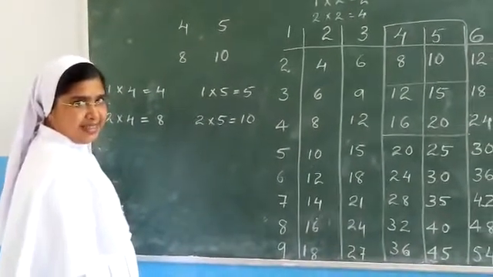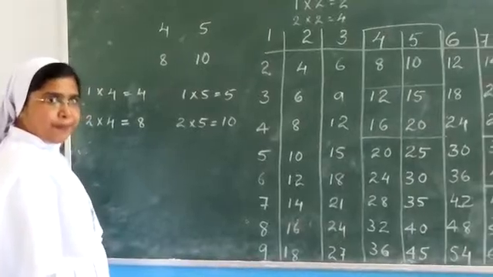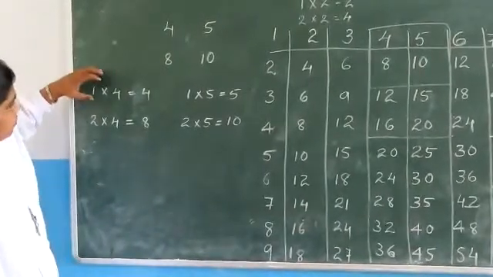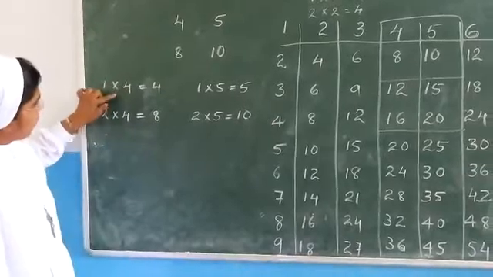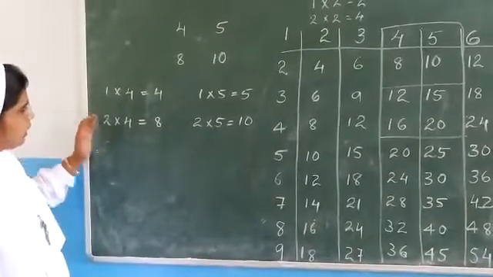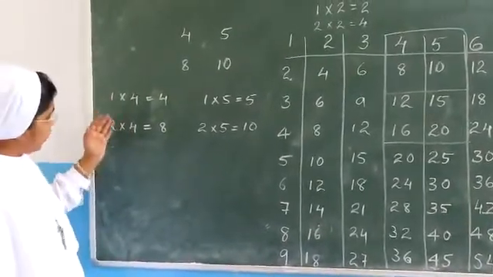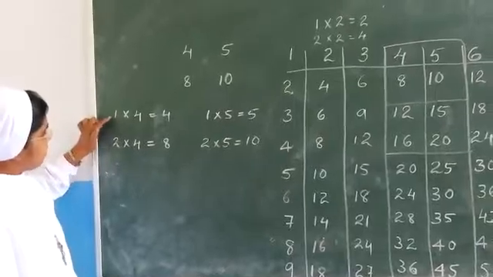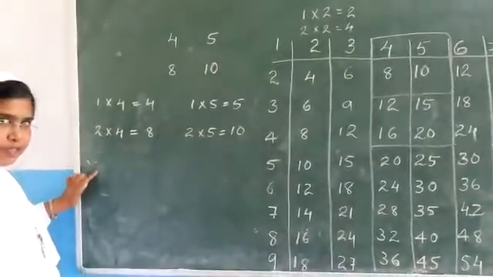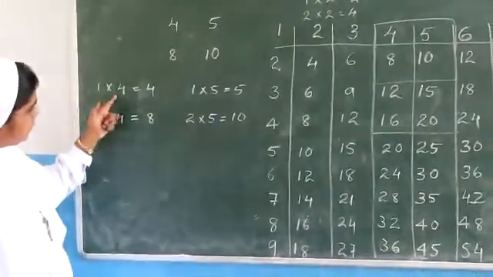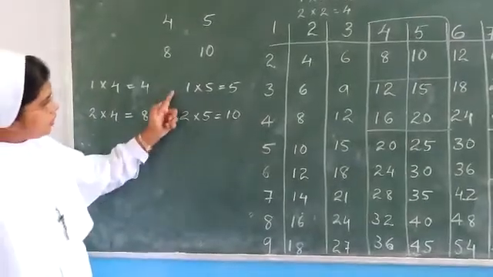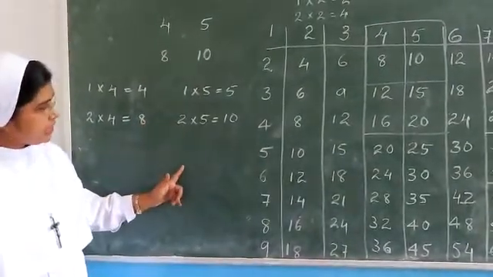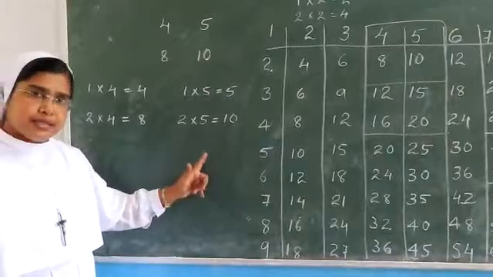Is it clear? This is a multiplication table, only 2 I have written. Here 1, 2, 3 increases, yes or no? But 4 stays the same. Here also 1, 2, 3 changes, but 5 is the same.